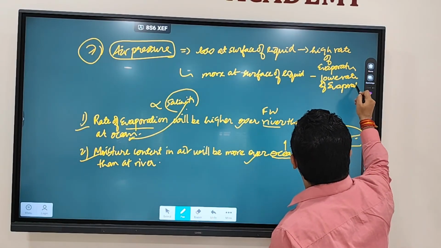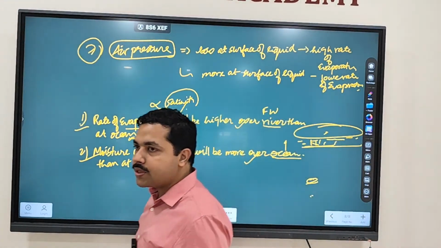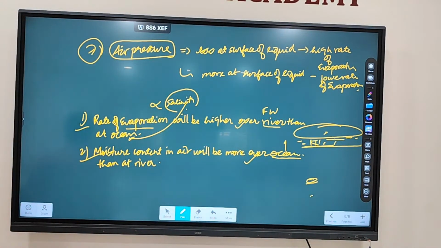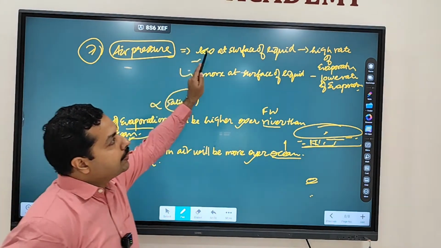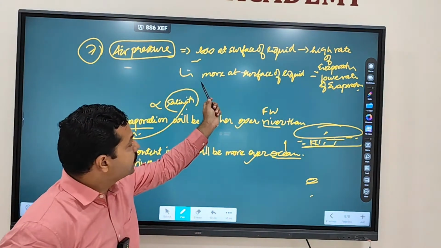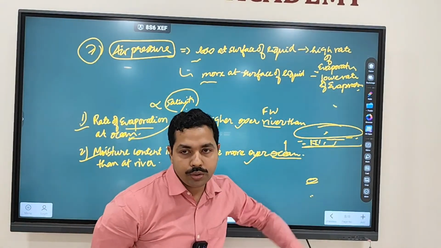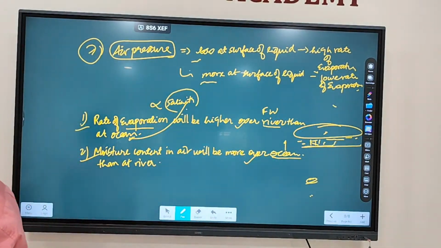Fine. So this difference you have to keep in mind with regard to air pressure. Air pressure, if it is low, then you have a high rate of evaporation. Air pressure, if it is more, then you have what? Low rate of evaporation. Why does this happen?